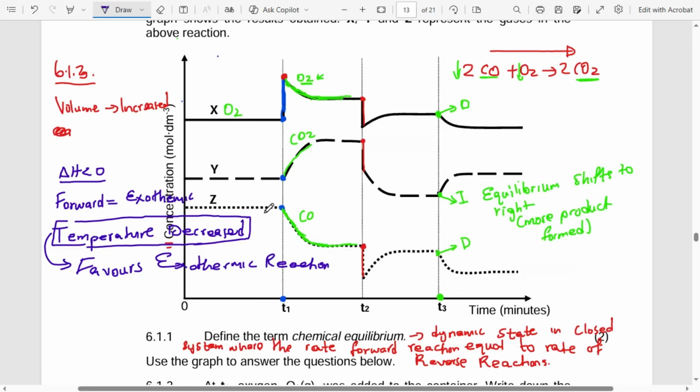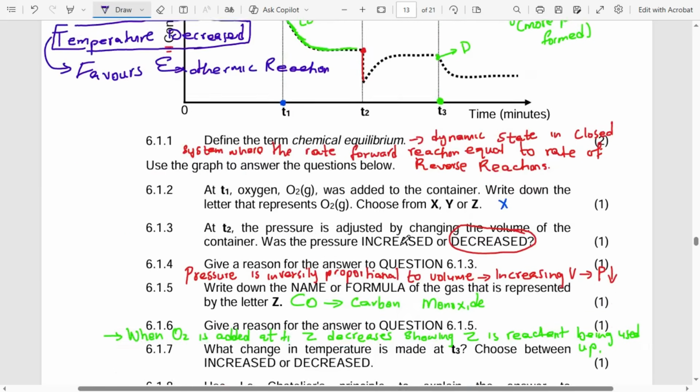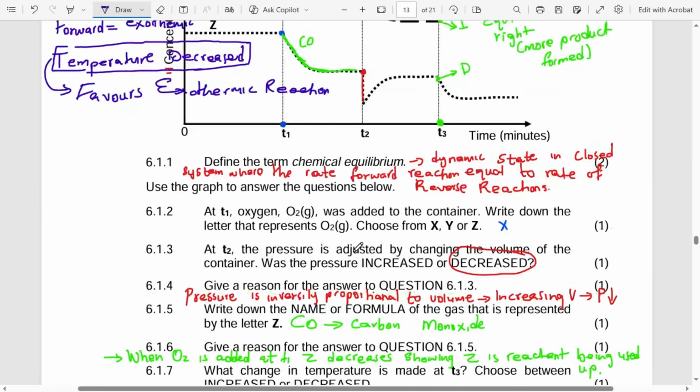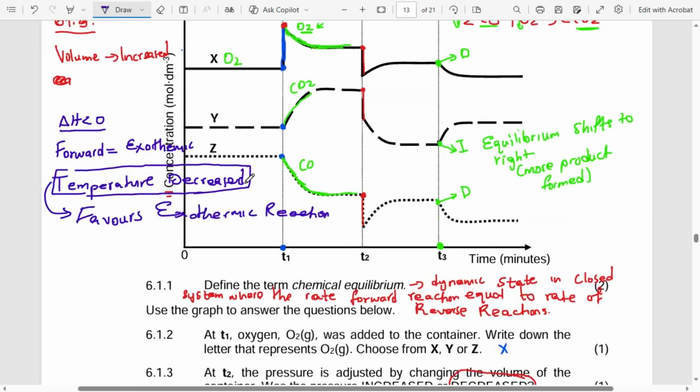So to complete this answer, they say, what change in the temperature is made at T3? Choose between increase or decrease. Right. So now we know that if you decrease temperature, we're going to favor the exothermic reaction. So since we favor the exothermic reaction, what is this telling you?